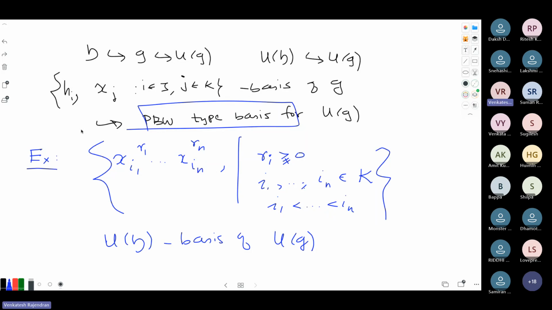And you can easily say that if you have such a relation, that will actually give you a relation among the PBW basis of UG. So that actually gives you a contradiction. So that tells you that this is indeed a basis of UG.